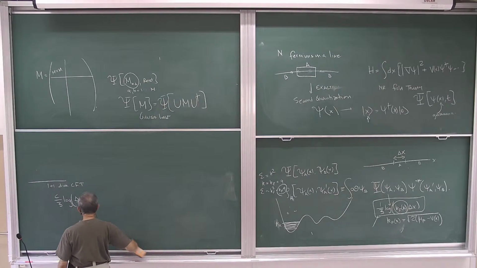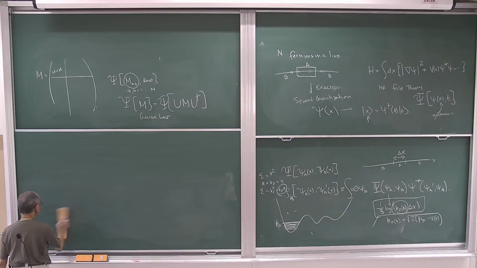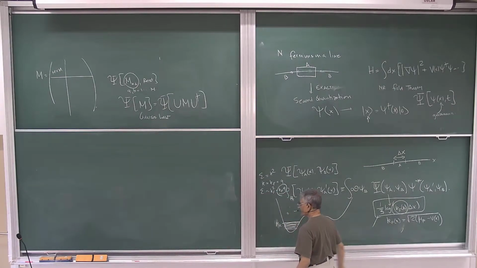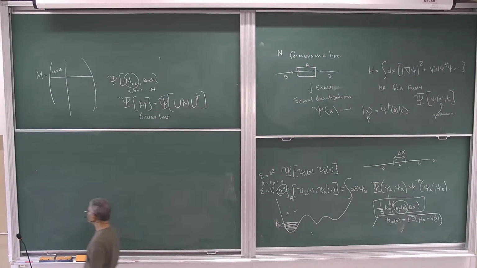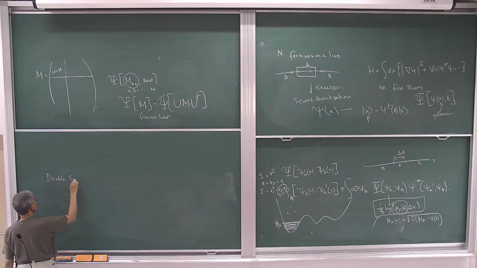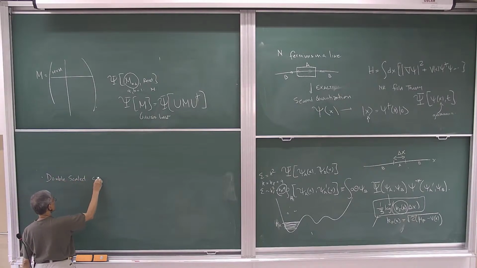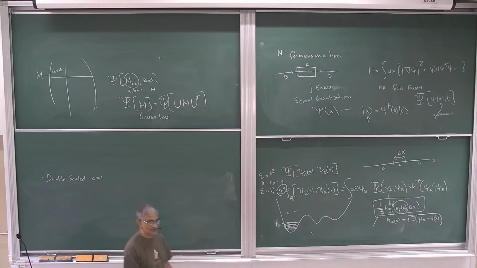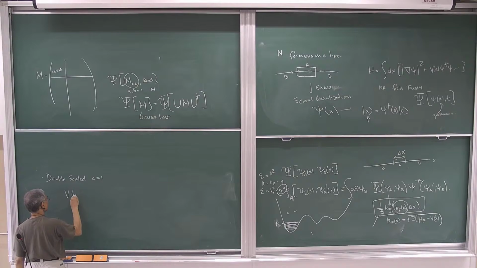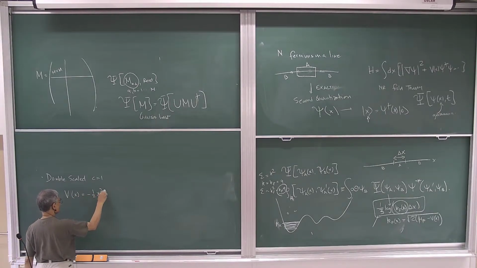This sort of starts looking a little bit puzzling for the special case, something called a double-scaled matrix model. I'll not deal with any details of this thing. At the end of a very long day, it's basically fermions which are moving on an inverted oscillator potential.